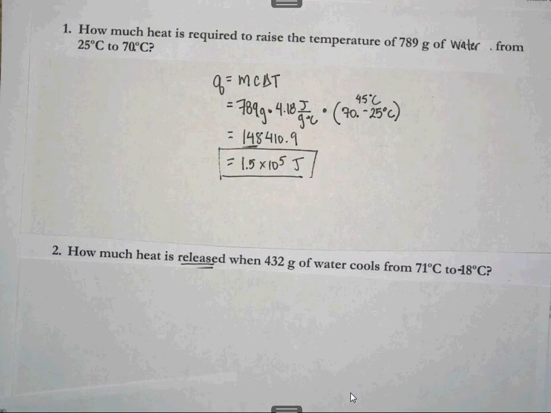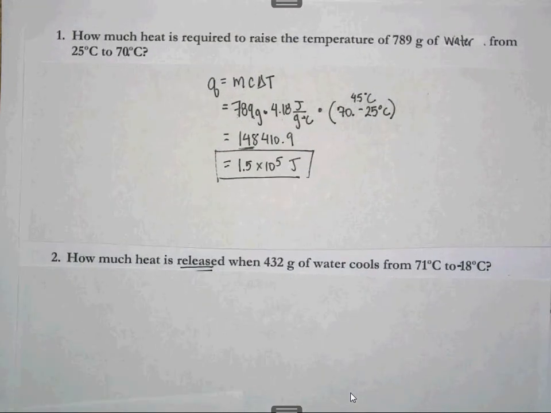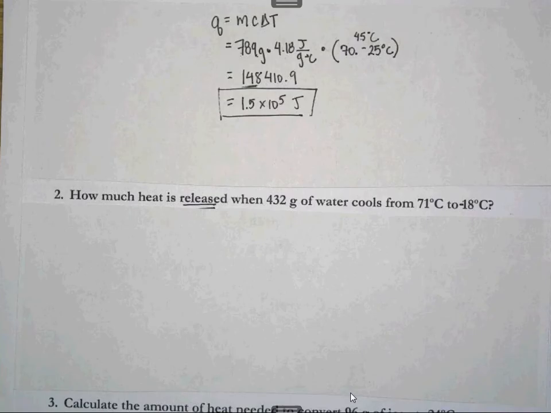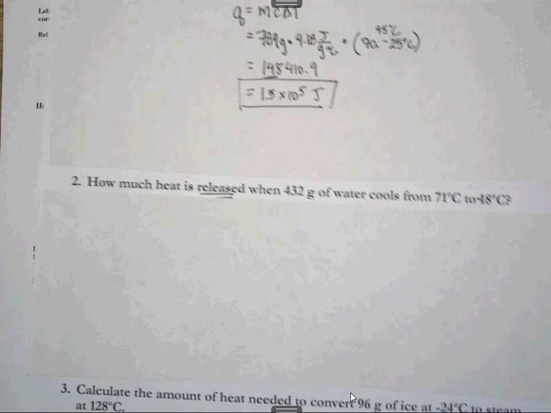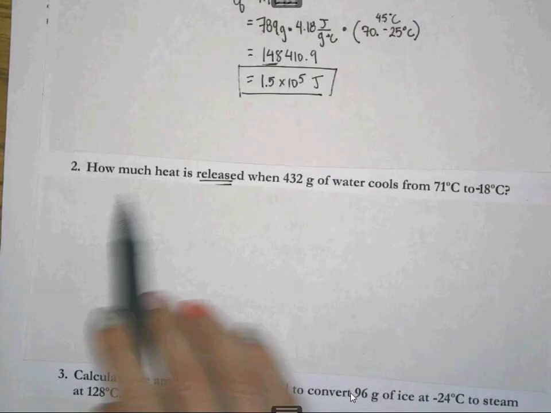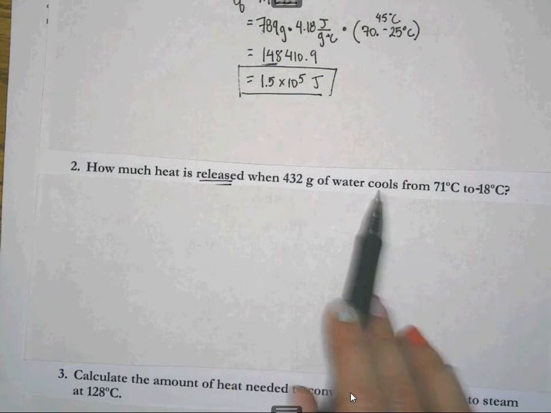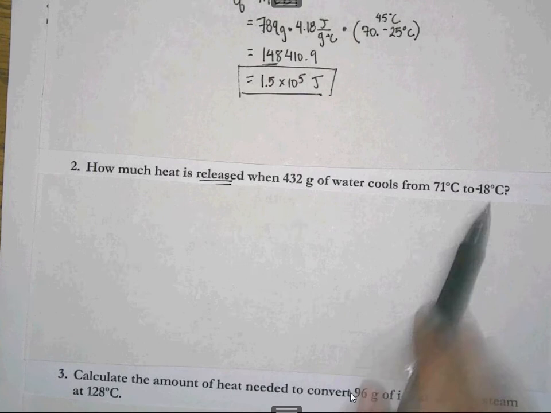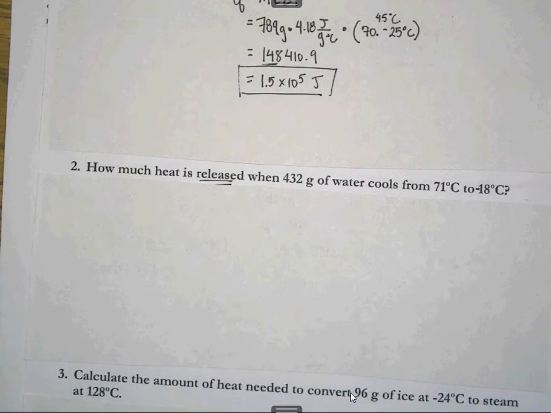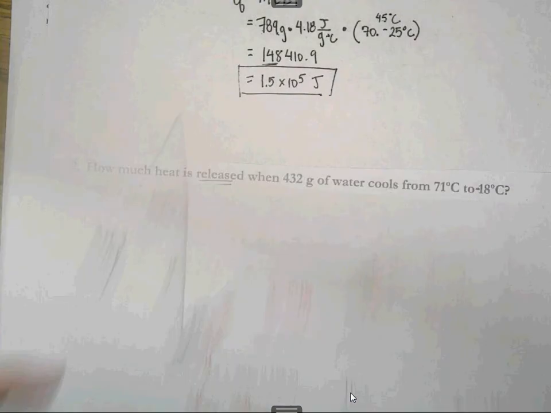Ice, steam, or liquid? Liquid, yeah, because it's a liquid at 25 degrees Celsius. So I'm going to pick the 4.18 joules over grams degrees Celsius. And then my temperature change, remember, it's from the final temperature minus the initial temperature. So this one's going from 70 to 25 degrees Celsius.